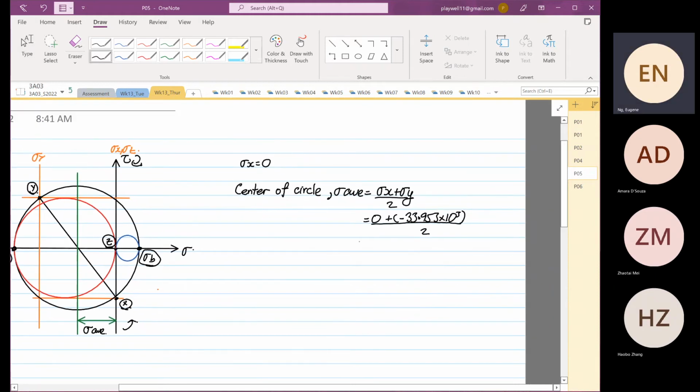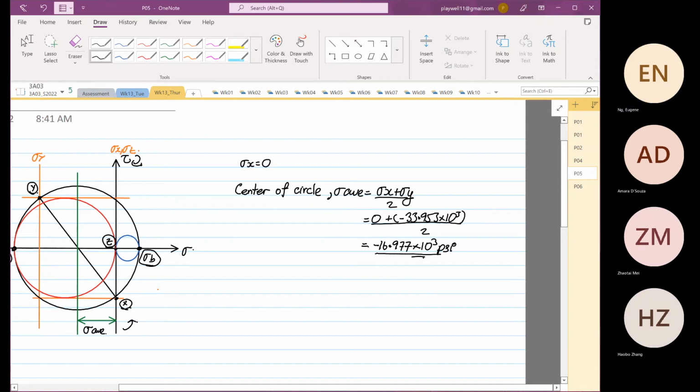So we calculate that our stress average is 33.953 divided by 2, which is minus 16.977 times 10 to the power 3 psi.